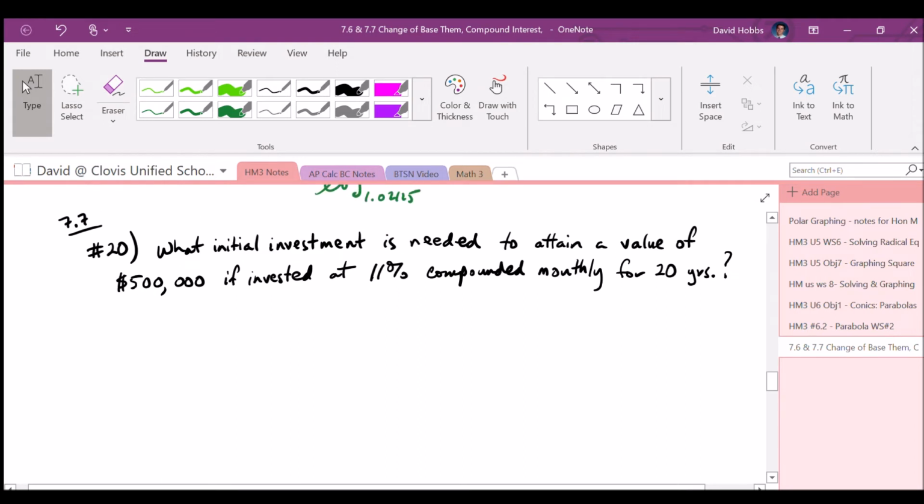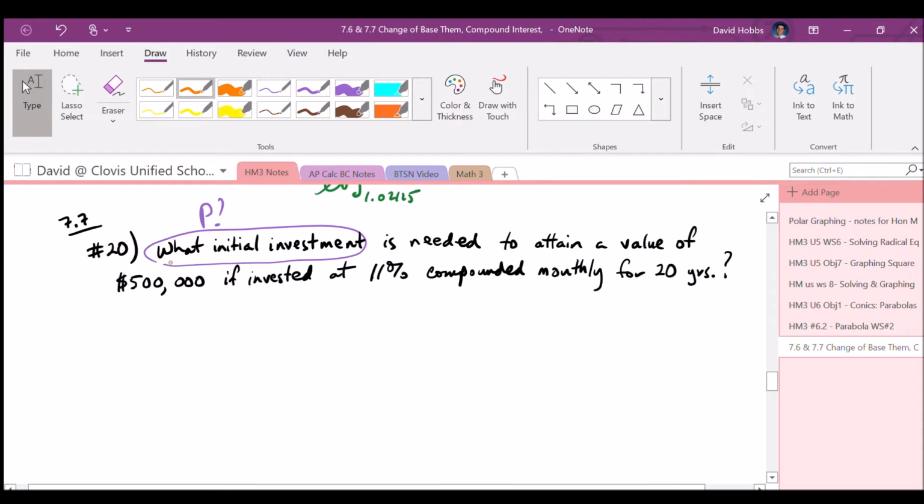Number 20, what initial investment is needed to attain a value of $500,000 if invested at 11% compounded monthly for 20 years? What initial investment? Isn't that P we're searching for?